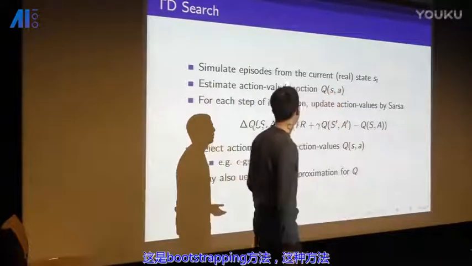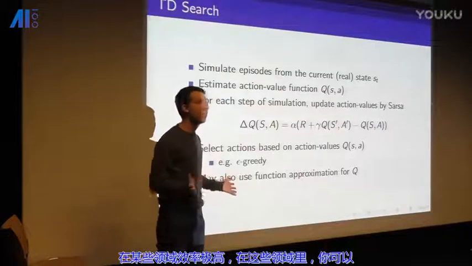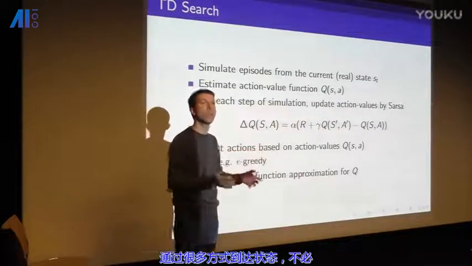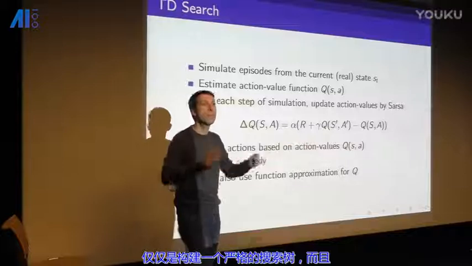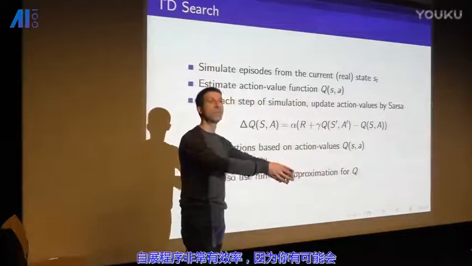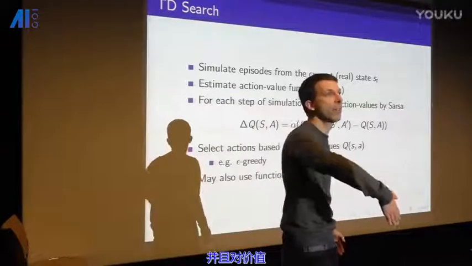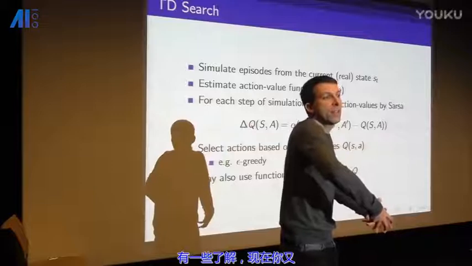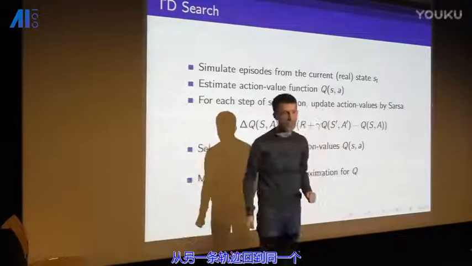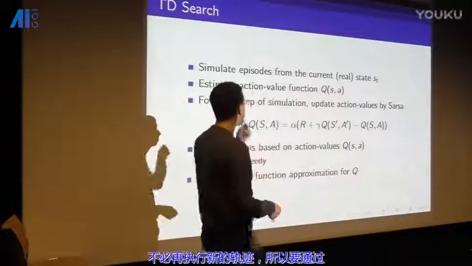We bootstrap. And this is particularly effective in domains where you can reach states in lots of different ways, where you're not just building a strict tree, but you can get back to states via lots of different paths. In that case bootstrapping is very effective, because you might have seen the state from another path and already know something about its value. Now you reach that same state again from some other path, you already know that it's a good state, not a bad state.